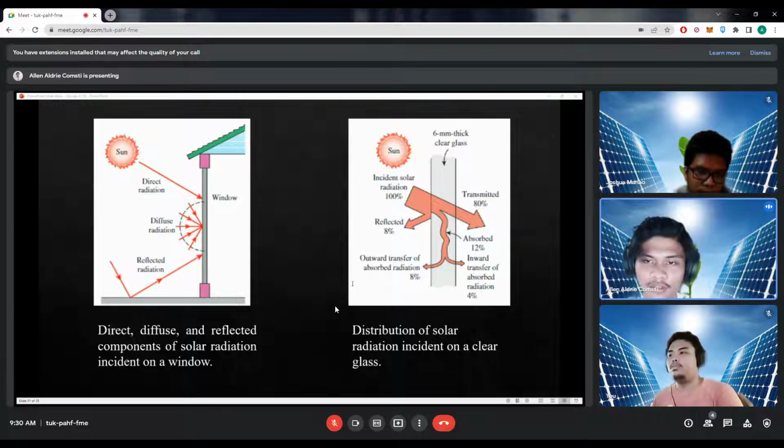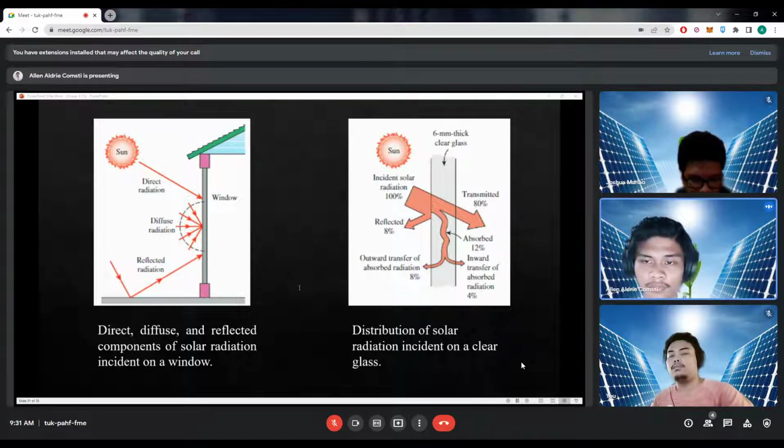Radiation incident on a surface that does not have a direct view of the sun consists of diffuse and reflected radiation. On the right side, this is the distribution of solar radiation incident on a clear glass. When solar radiation strikes a glass surface, part of it, about 8% for uncoated clear glass, is reflected back outdoors.